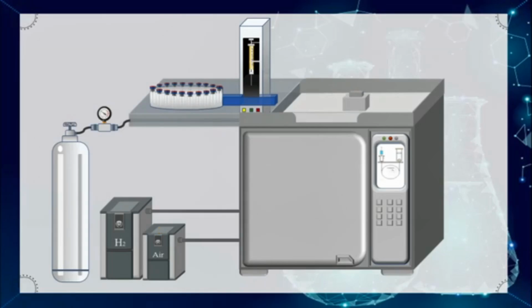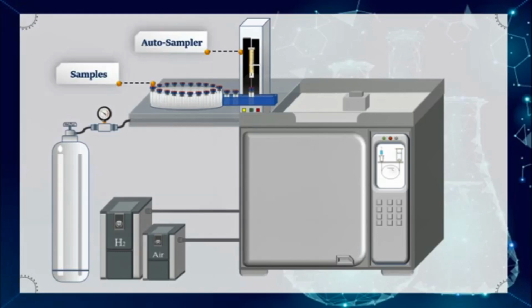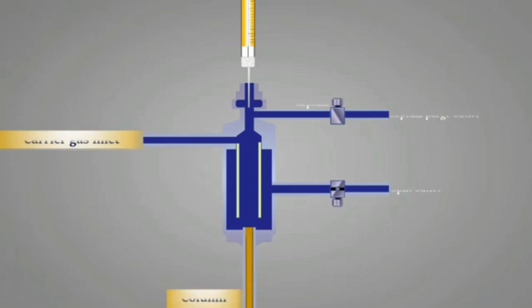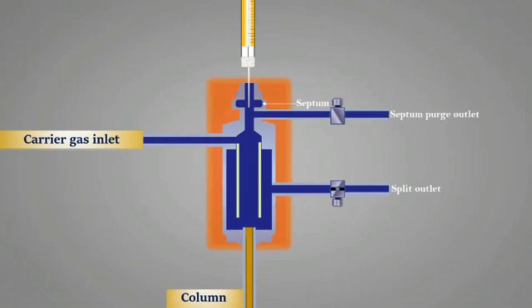The autosampler provides the means to introduce a sample automatically into the inlets. Also, manual insertion of the sample is possible. The column inlet, or injector, is attached to the column head and provides the means to introduce a sample into a continuous flow of carrier gas. In the injector, a sample is introduced into a heated chamber via a syringe through a septum. The heat facilitates volatilization of the sample and sample matrix.